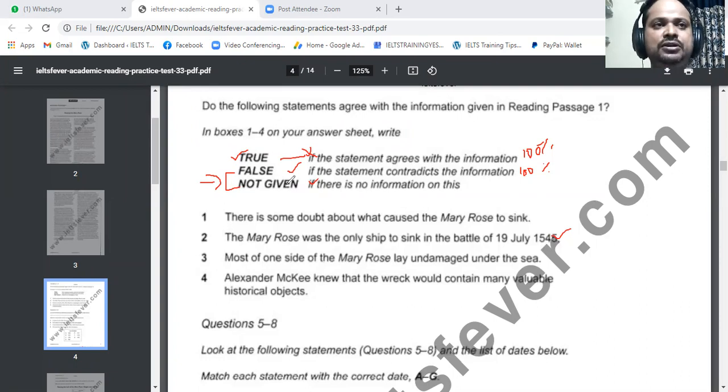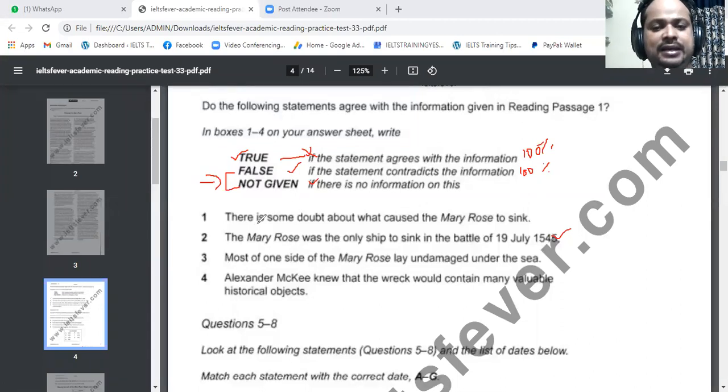The big issue is to decide between false and not given. When you try practicing, you'll understand that there will be a big issue between false and not given. You'll be really confused with the words which are given there. So let's go ahead and solve these 4 questions.